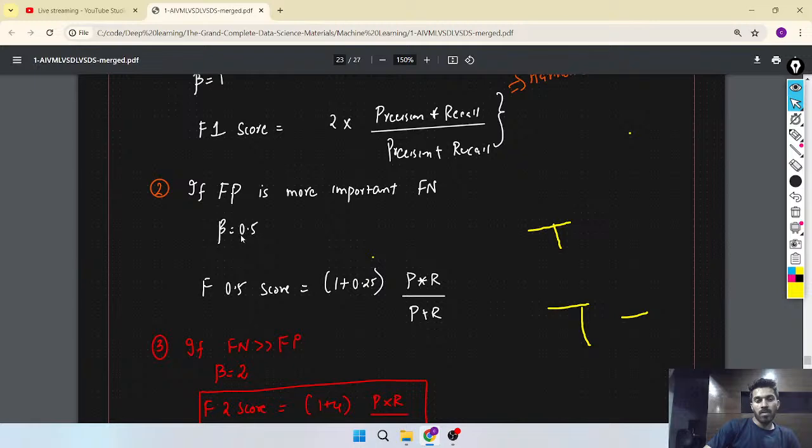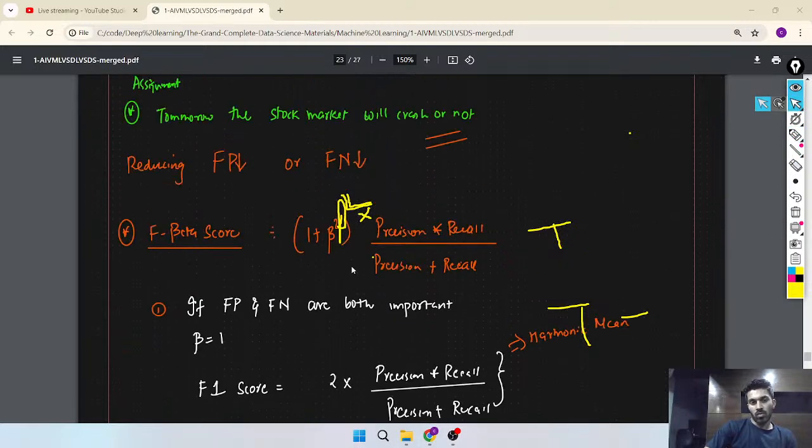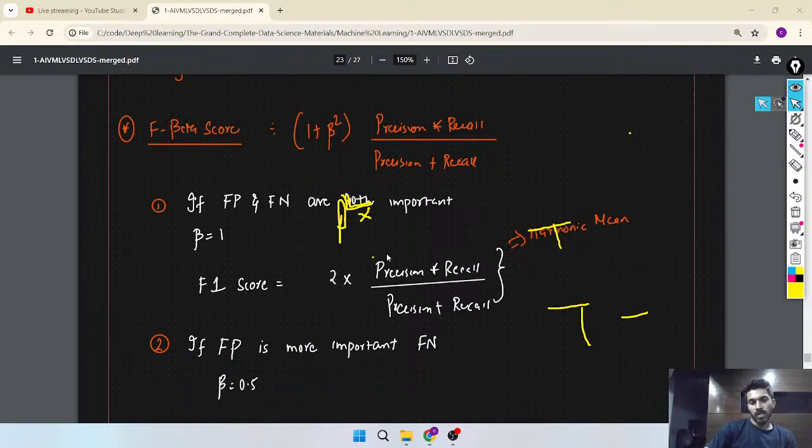So suppose you apply beta equal to 0.5. The formula I wrote is incorrect, basically beta squared is also there: beta squared into precision plus recall, this is the correct formula. So beta squared is there.